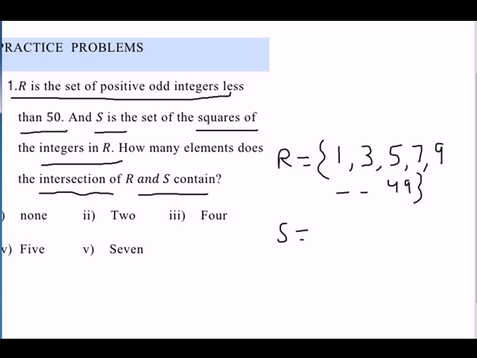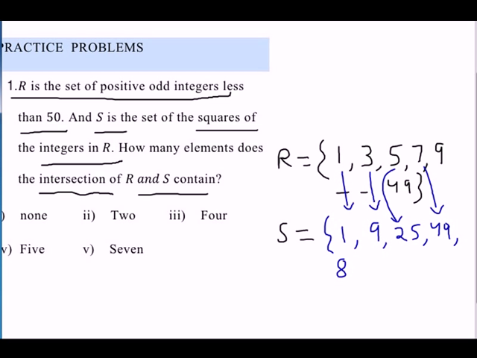And S, let's use a different color to represent S, is essentially the squares of each of these. So square of 1 is 1, square of 3 is 9, square of 5 is 25, square of 7 is 49, square of 9 is 81, and so on till 49 square, which I do not need to calculate, so I will not do that.